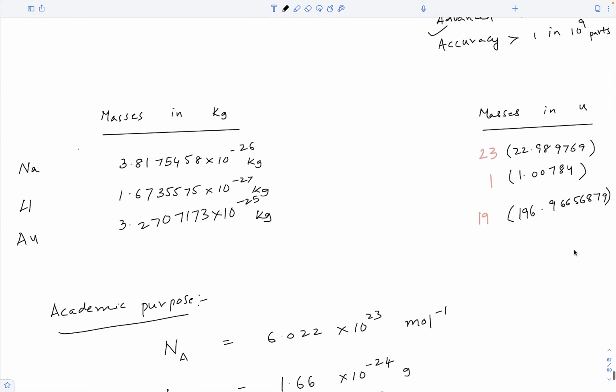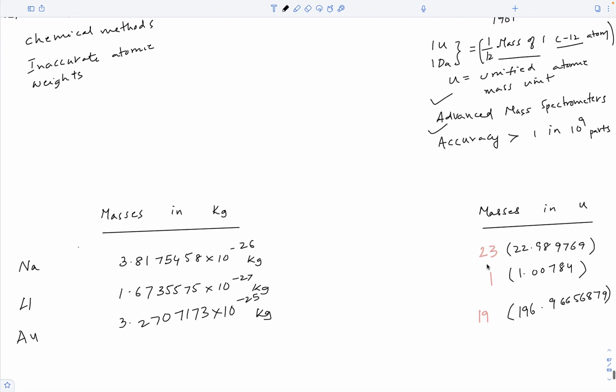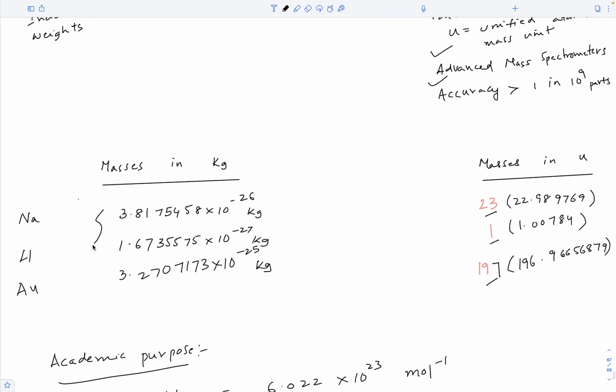The reason is atomic weights or masses of atoms relative to the mass of another atom are convenient to us. Look at these numbers. These numbers are convenient to us. Whereas these numbers are not. These are masses of atoms in kilograms.